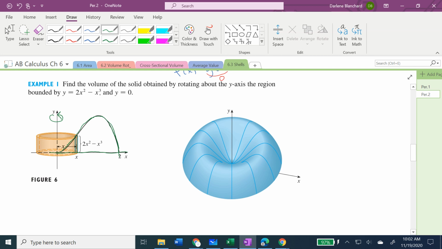If you solve for the intersection points, you take 2x minus x cubed and set it equal to 0, and you should be able to see that it only intersects the x-axis at 0 and 2. And if I were to actually draw out that whole thing, it would look about like this.